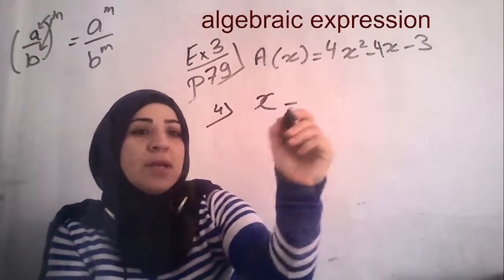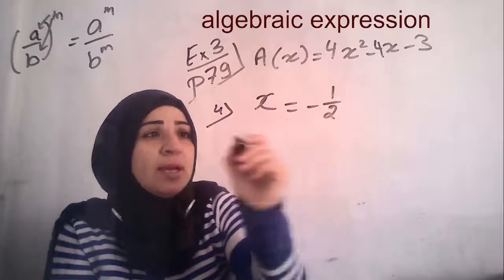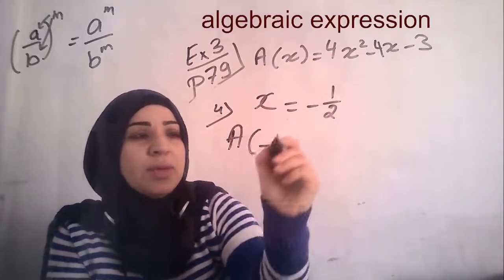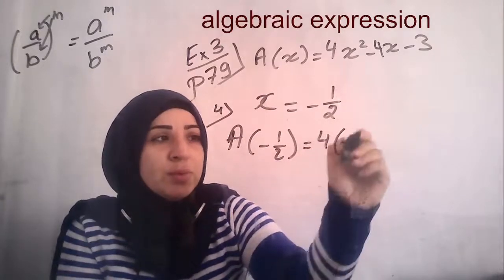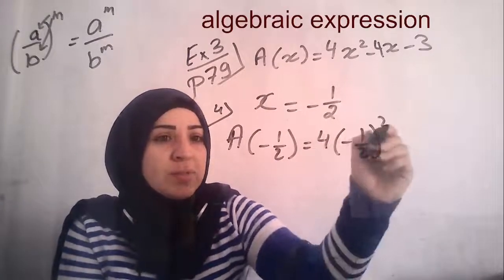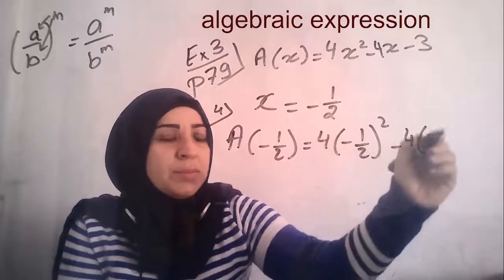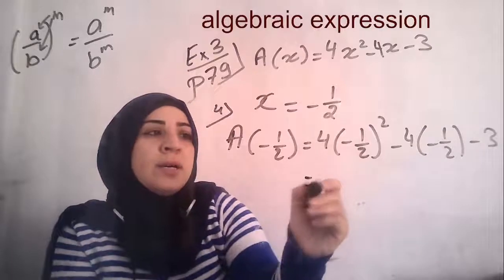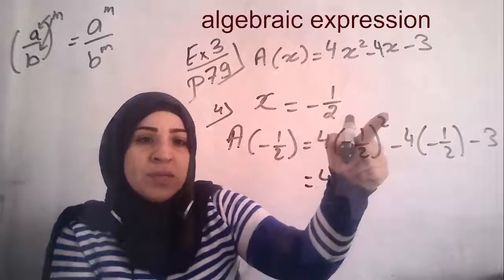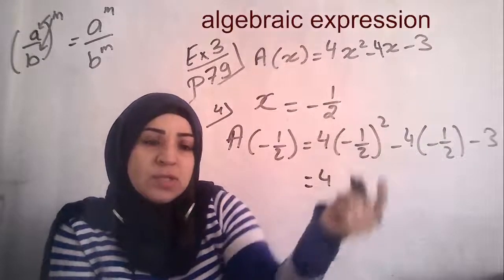If x equal minus 1 over 2, again, let's find A of minus 1 over 2. So it's 4 into minus half squared minus 4 into minus half minus 3. Now, minus square, it's minus times minus, which is a plus.